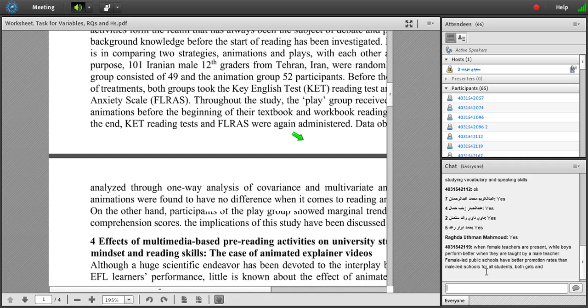Okay, now let's do this together in order to practice dependent and independent variables. Investigating the effects of pre-reading activities on reading anxiety and reading comprehension of EFL learners, a case of drama versus video. Can you tell me the independent variable in this topic?